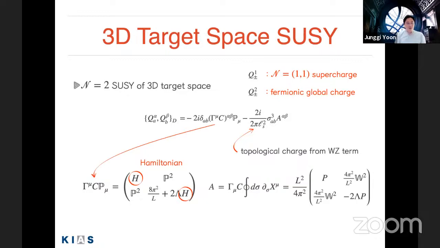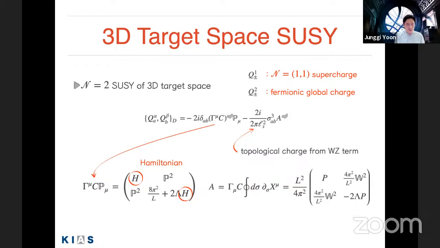And we show that this is exactly the same as what we obtained in the TT-bar deformation. Here, Q1 in the 3D supersymmetry becomes the N equals (1,1) supercharges in the TT-bar deformation, and this Q2 of the 3D corresponds to the fermionic global charge that we obtained in the TT-bar deformation.